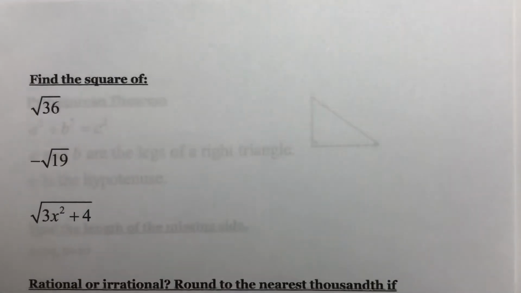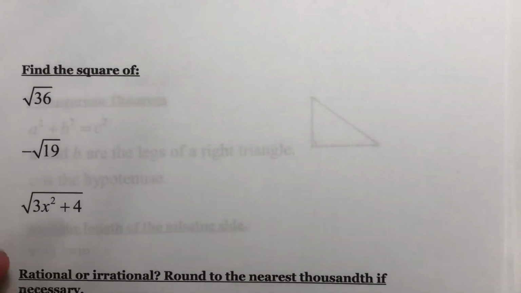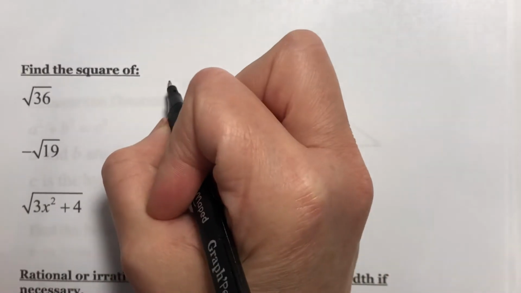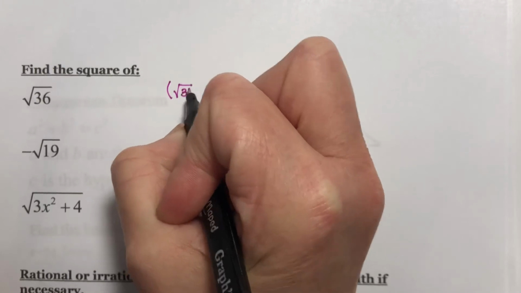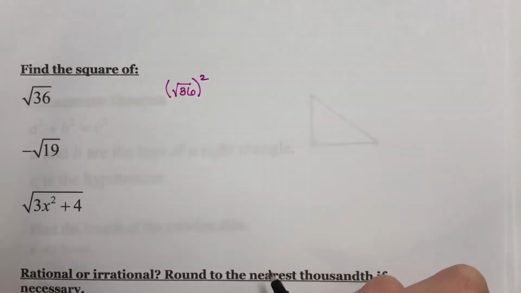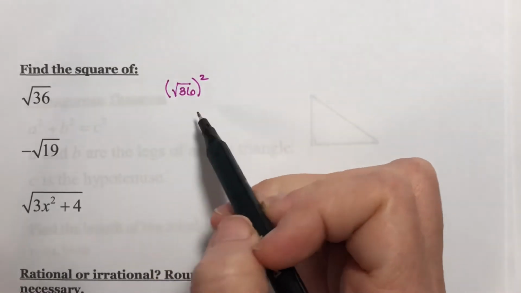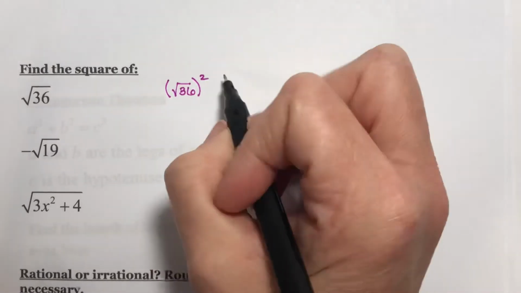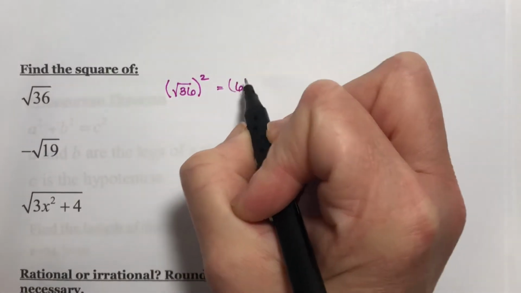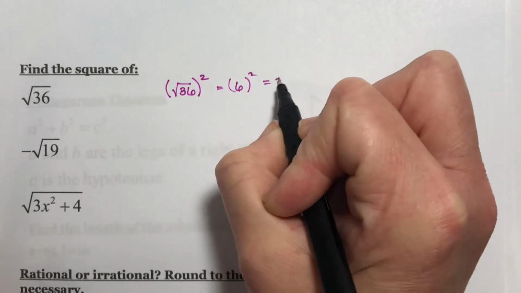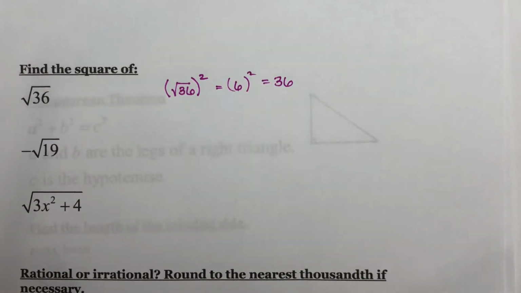Find the square of. What they're asking us to do is to find, for example, the square root of 36 squared. Well, you can do this in steps. The square root of 36 is 6. So the 6 squared is 36.